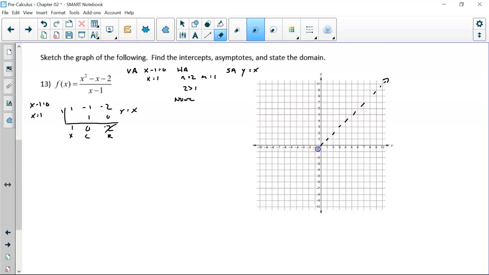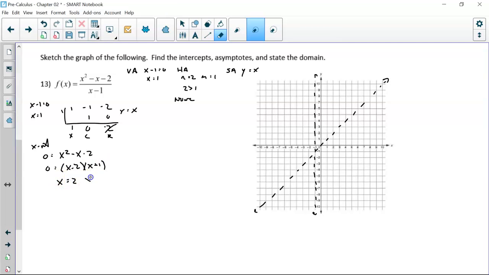It looks like this. The vertical asymptote looks like this. Now for our x-intercept, the real zeros of the numerator: 0 equals x squared minus x minus 2, which factors as x minus 2 times x plus 1. So x equals 2 and x equals negative 1.